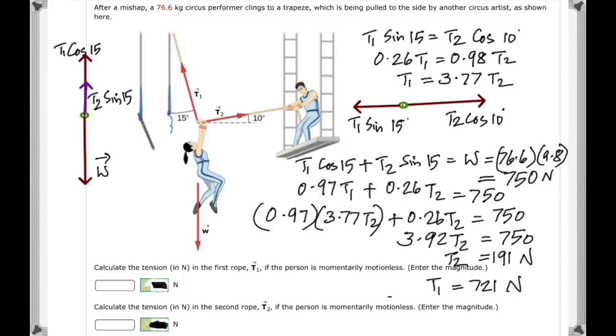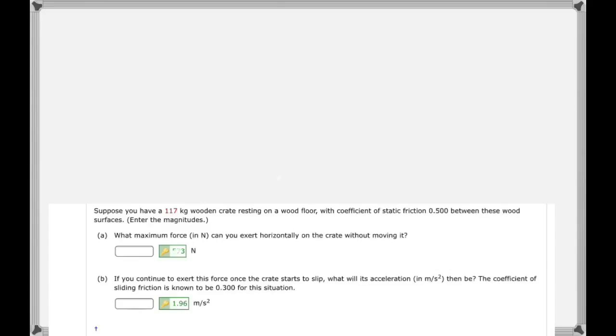And you would get the values of T2 and T1. You just have to follow the math that happens there. But it's basically using the x components and the y components from the free body diagram.